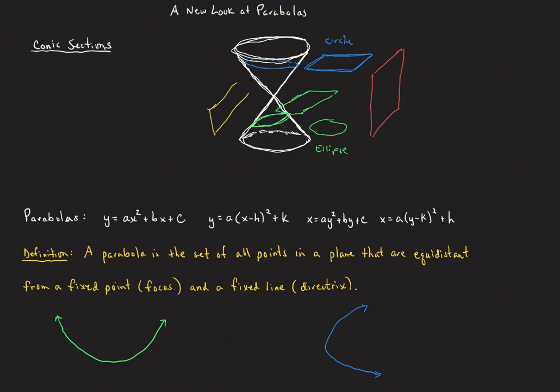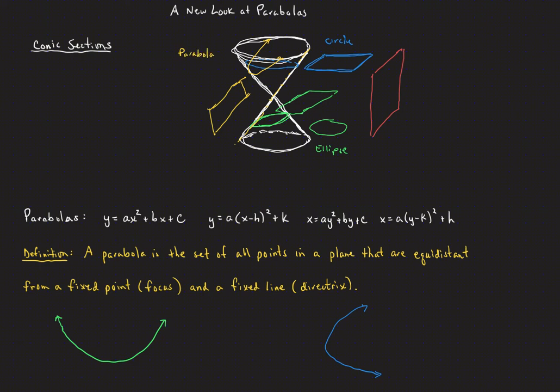And if we take a plane that is parallel to one of these lines that form the original cone, then if we run that into the cone and intersect it, we're going to get a parabola. So a parabola is one of our conic sections.